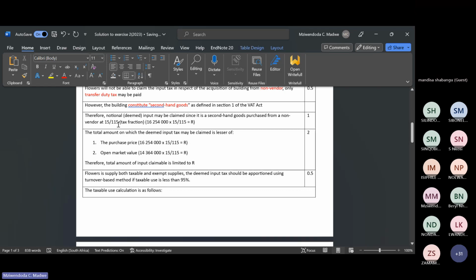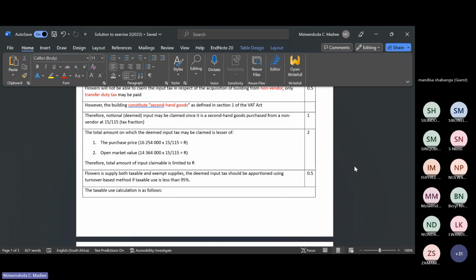So how is it going to be calculated? Before we determine a value, we must go to paragraph B of the input tax definition.